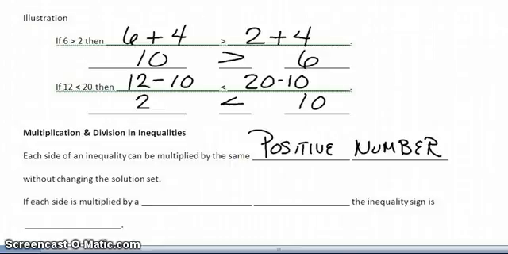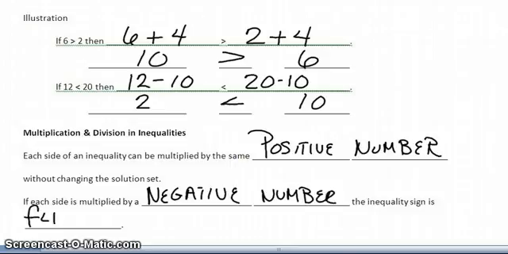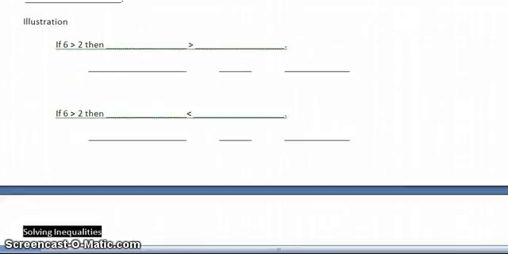However, when we multiply or divide by a negative number, the inequality sign is flipped. It goes from greater than to less than, or less than to greater than. Let's take a look at some numerical examples.